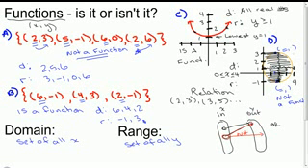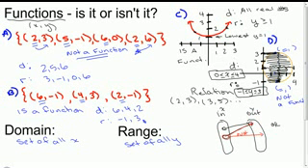If we squish it, we take this thing and just squish it onto the y-axis, every point on this graph is going to fall between -1 and 3. And so our range here, we would say, is all y values between -1 and 3. And again, we use this notation: y is greater than or equal to -1, but y is less than or equal to 3. We say that y is between those two values. That's my range, and here's my domain.